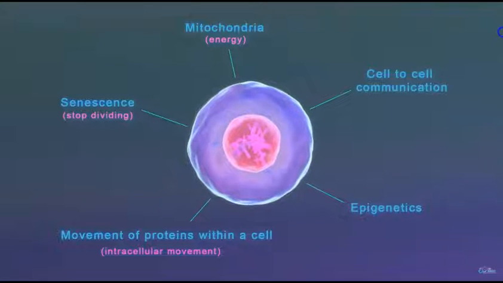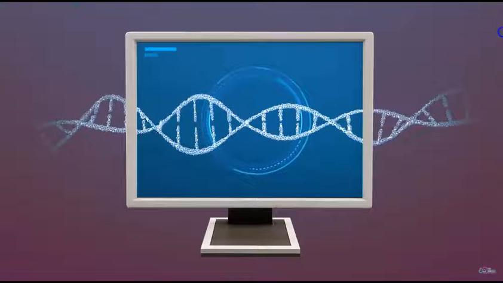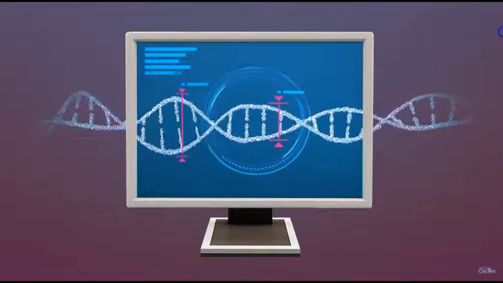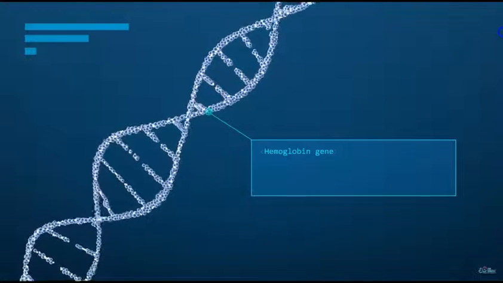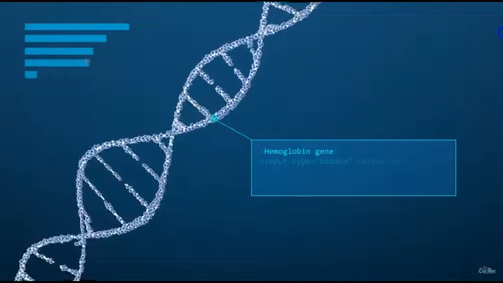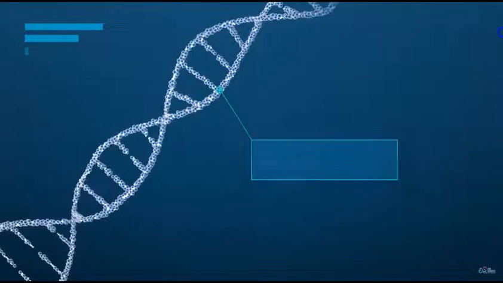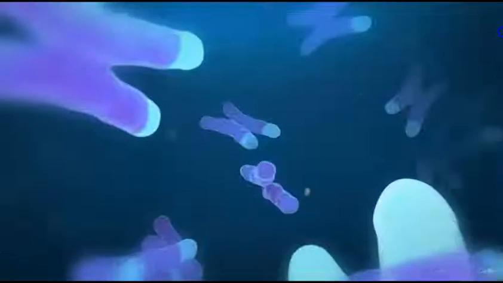One of these appears to relate to the process of epigenetics. Epigenetics refers to the program that dictates which specific components of the DNA are used by a cell. For example, the hemoglobin gene is present in all cells of our body, but it is only used by red blood cells. Similarly, the insulin gene is only used by cells in the pancreas.